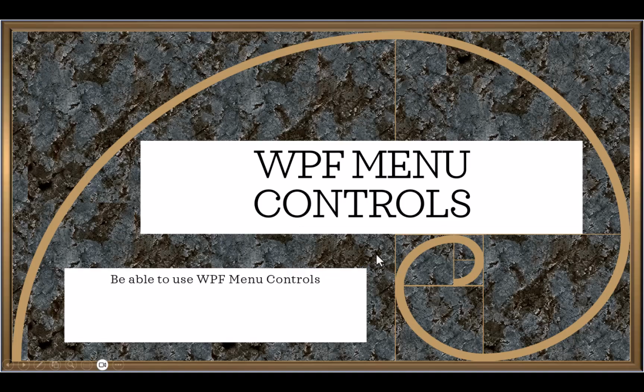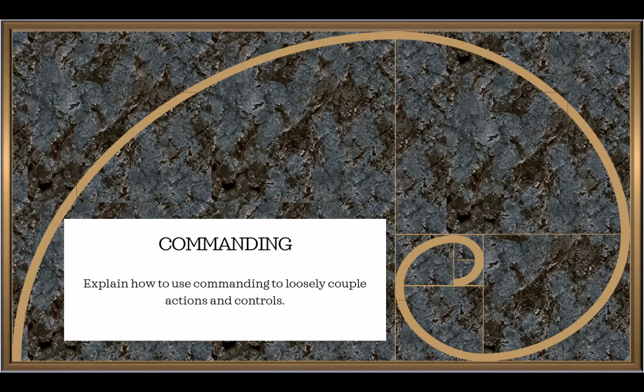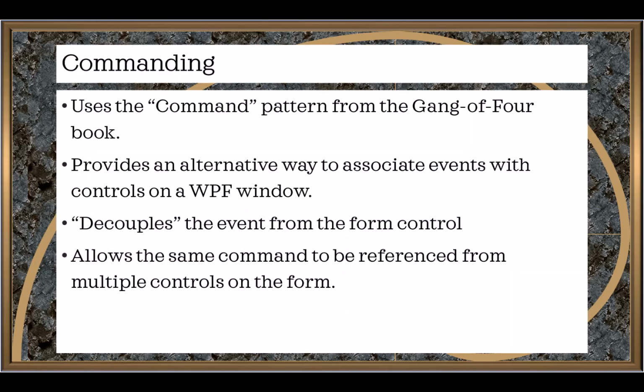Commanding uses the command pattern from the Gang of Four book. It provides an alternative way to associate events with controls on a WPF window. In one sense, you can think of your menus as basically just a collection of buttons, and you could just handle the event on each one.